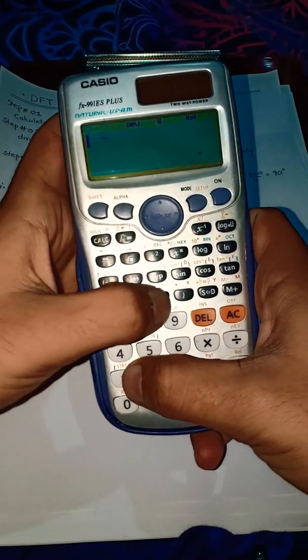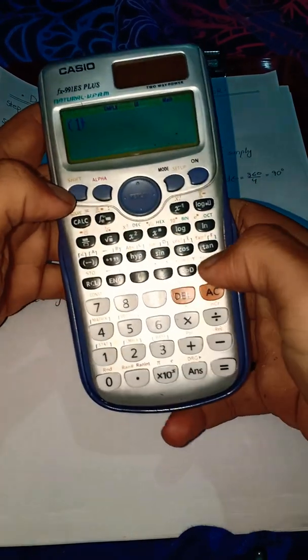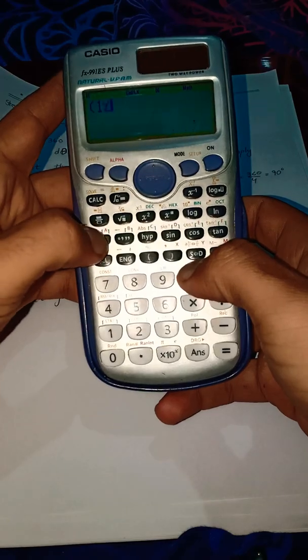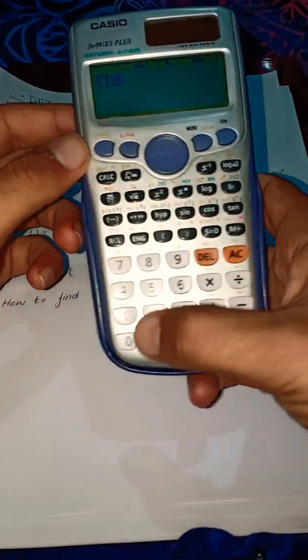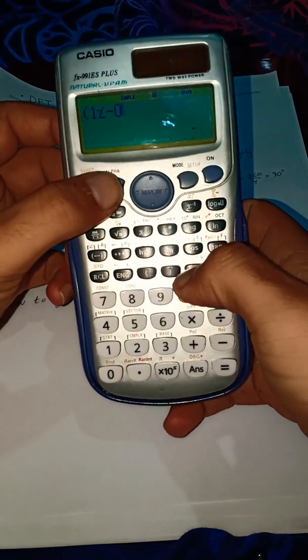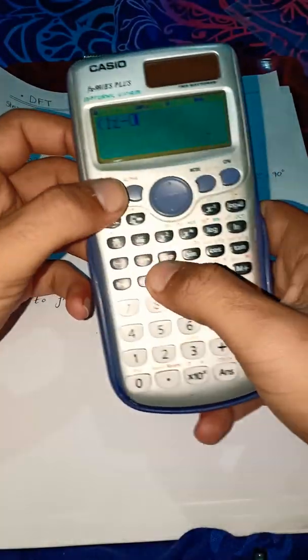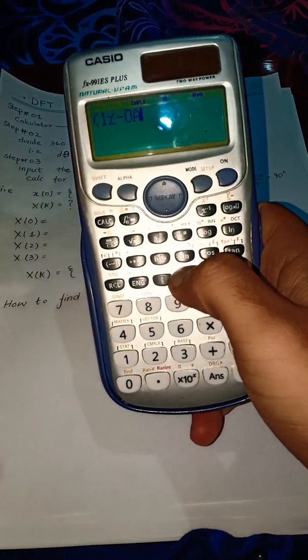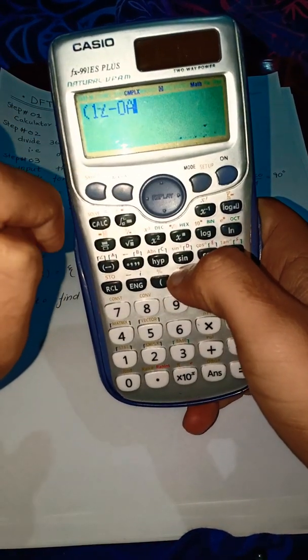Just type in the numbers simply, like 1, then shift angle, and the first angle is usually -0, then alpha a. So every sample should be input like this.